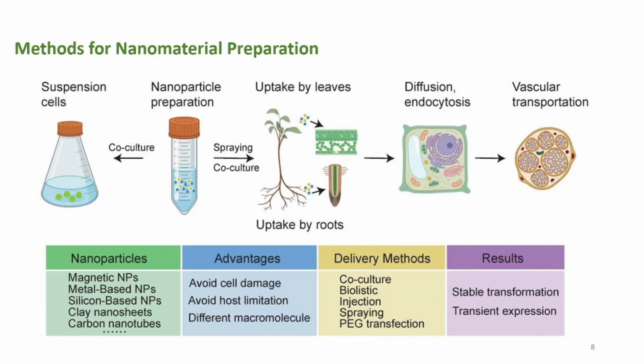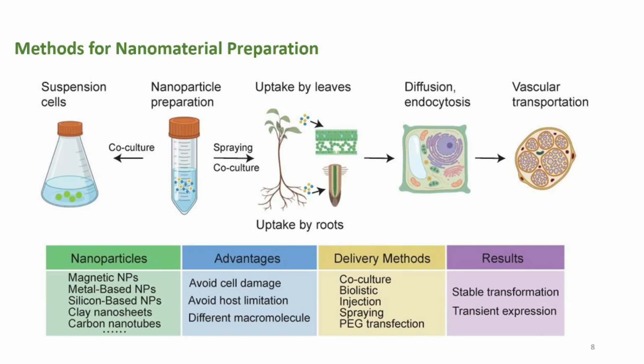Nanoparticles have diverse properties and can be prepared and designed for plant transformation. They enter cells via diffusion, endocytosis, plasmodesmata, or by causing pores with physical and chemical means, delivering DNA, RNA, or proteins for transient or stable transformation.